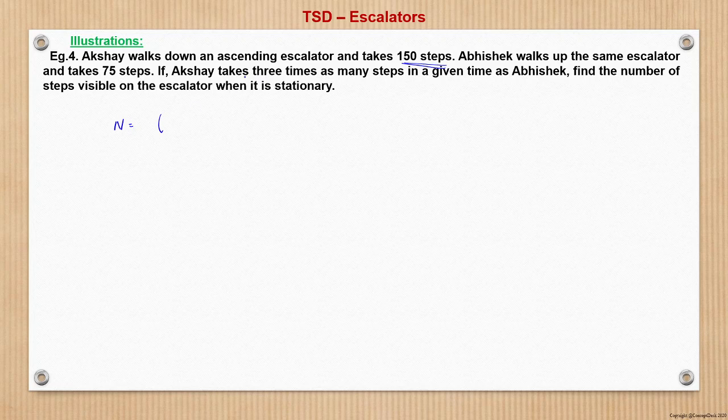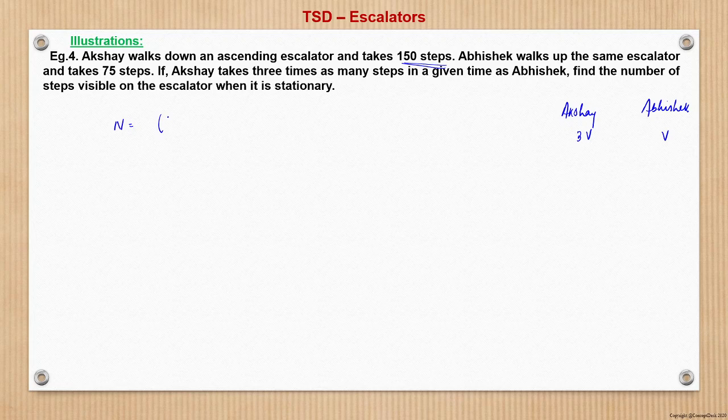If Akshay takes 3 times as many steps in a given time as Abhishek, can we not say that the speed of Akshay is 3 times the speed of Abhishek? So if Abhishek is V, Akshay will be 3V.